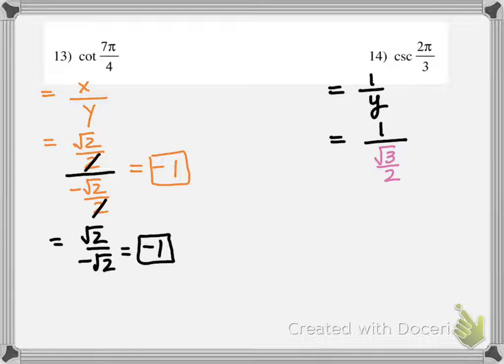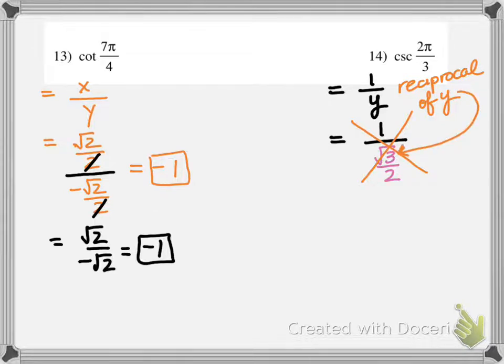Remember, I told you guys, I don't want you reading it as 1 over y. I don't want you to do that. I want you to tell yourself that you are looking for the reciprocal of y. Now, you know that your y is that number.